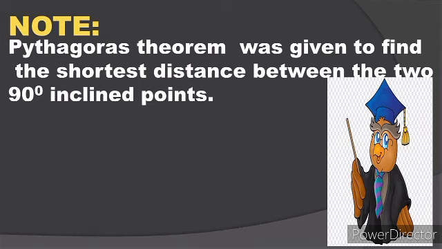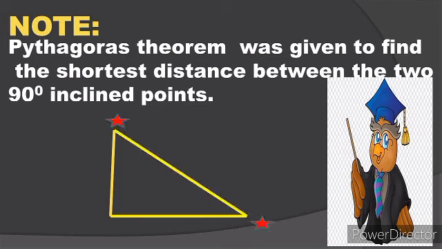Now when you talk about 90 degree, we are talking about a right angled triangle or two lines at right angle. Now the shortest distance between these two lines gives us our longest line.